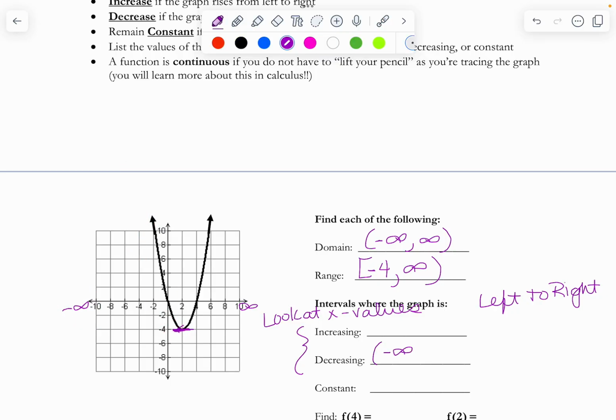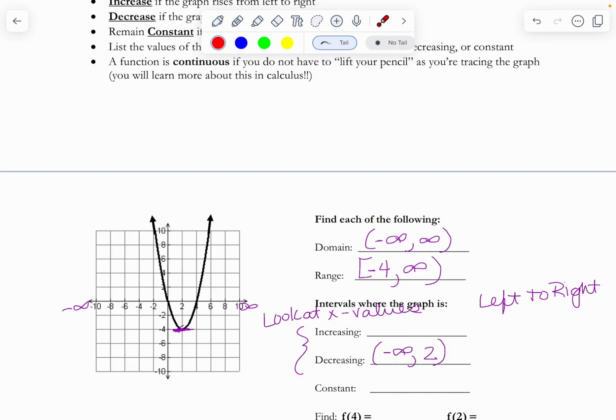Now, this is where it gets a little confusing, because you can always do decreasing and increasing with parentheses. I'm just going to stay consistent with using parentheses. You technically could have used a bracket right here, but I'm going to just use parentheses. Either way would be correct. But for domain, you have to do it this way.